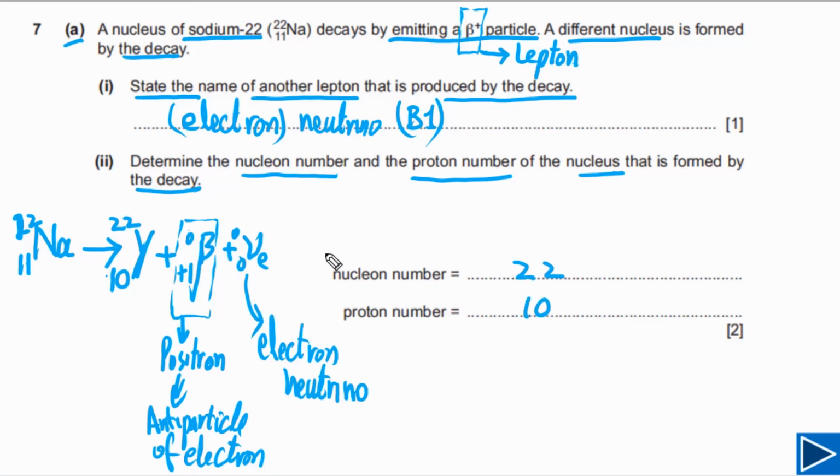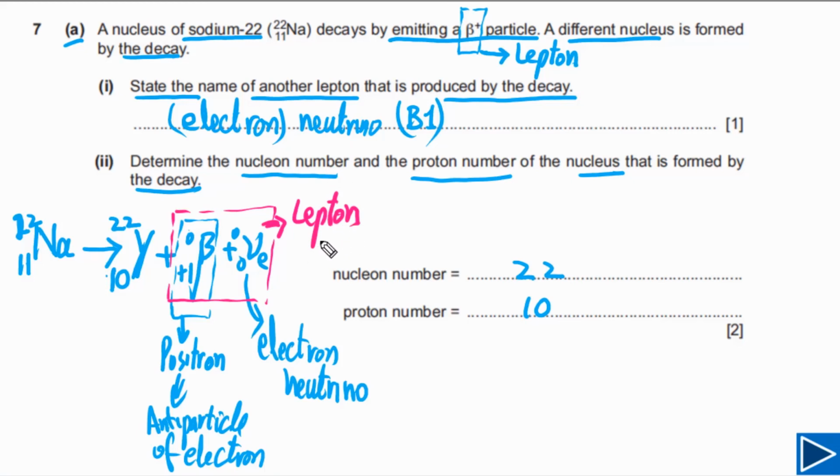Also, we need to understand a very important point about this beta plus decay. These two particles belong to the lepton family. You have to be clear about this one. These two particles belong to the lepton family, and they do not feel the strong nuclear force.